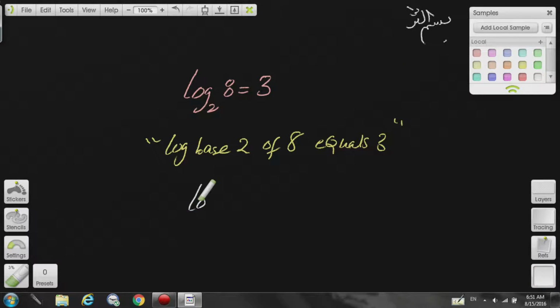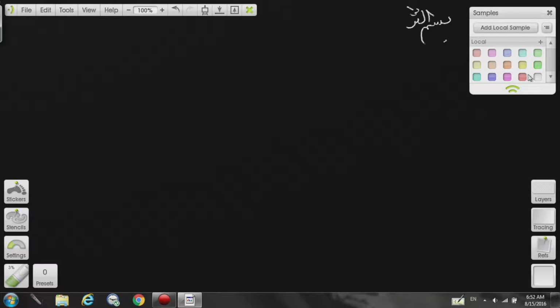So if you have log base 3 of x equals 5, log base 3 of x equals 5, that's how you would read these statements. Let's practice another one. 5 squared is 25. Let's write this in logarithmic form.